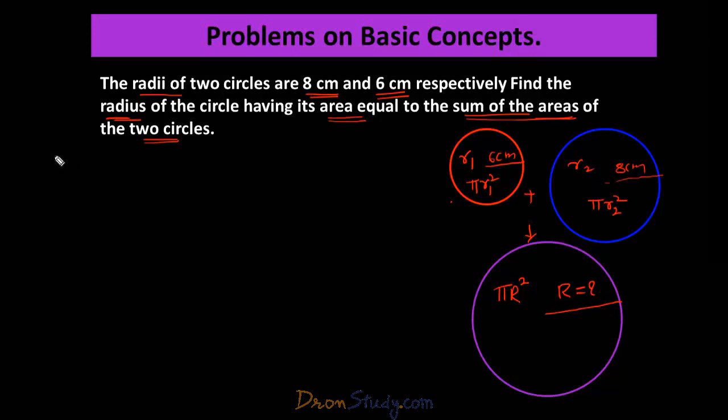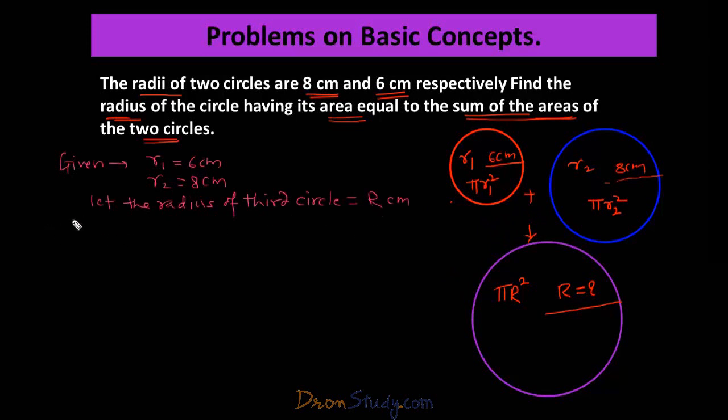So first write the given things. Given radius of first circle, that is R1, is 6 centimeter, R2 is 8 centimeter, and let the radius of third circle be equal to capital R centimeter.